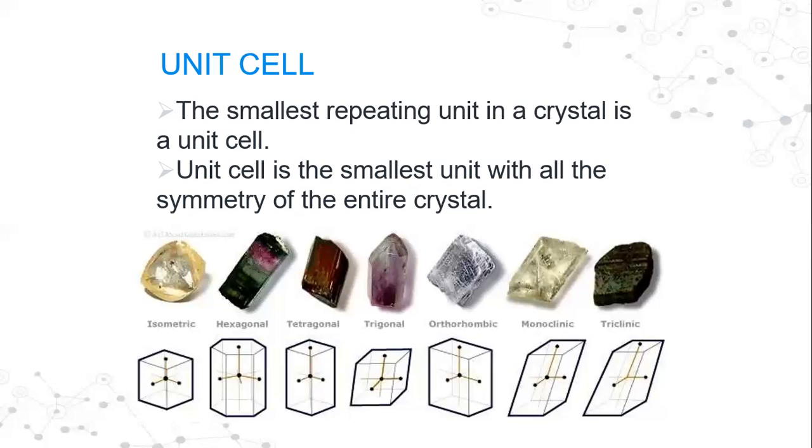Next is the monoclinic. The inclined form of the cuboid shape is called monoclinic. You can see it in the picture. And the last one is the triclinic. This is also in an inclined position, which has some angle forms. So this is about the unit cell and its different forms.